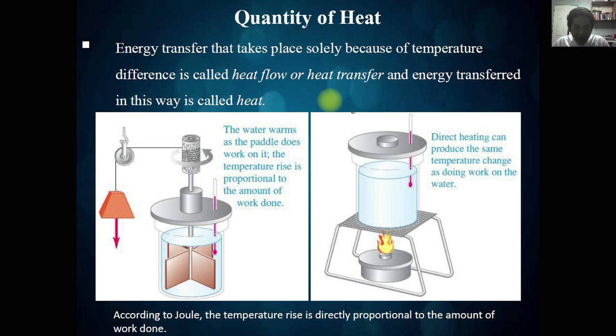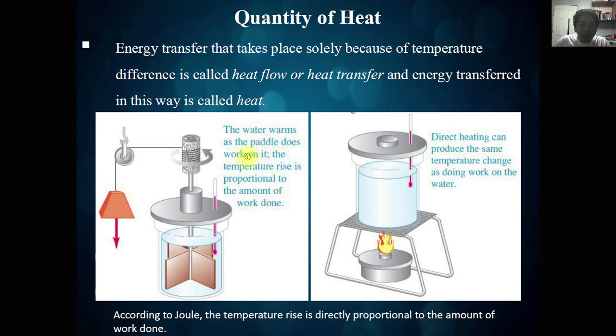So there is an experiment created by Joule. According to Joule, the temperature rise is directly proportional to the amount of the work done. So we have here a water paddle that is being run by a certain load here. So Joule said that if this water paddle has a greater work or spins faster, then the temperature because of that work will go higher.